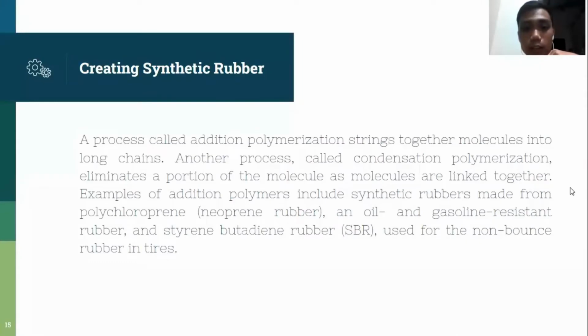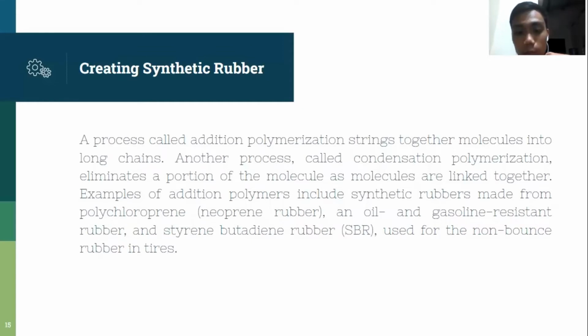Several different types of synthetic rubber have been developed over the years, and all result from polymerization, or the linking of molecules. A process called addition polymerization strings together molecules into long chains. Another process called condensation polymerization eliminates a portion of the molecule as molecules are linked together.